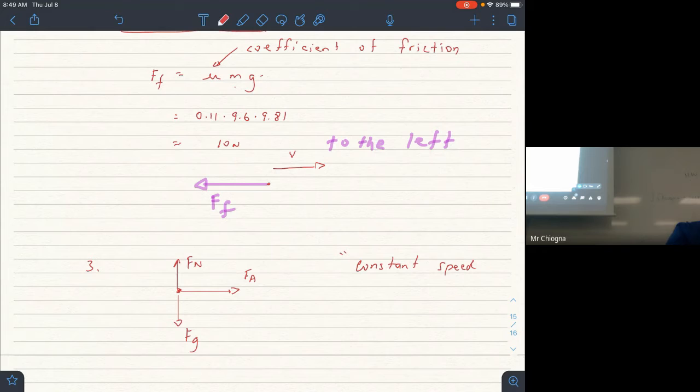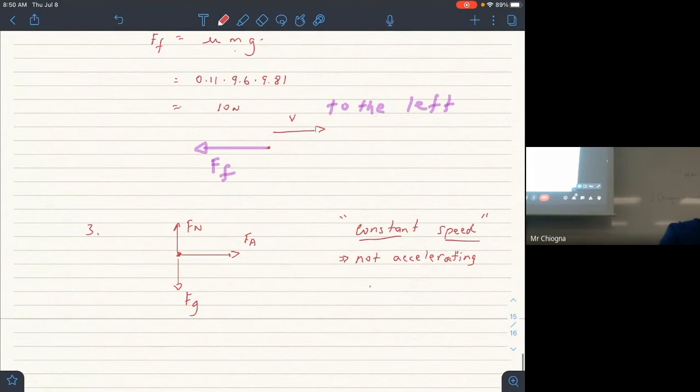You want to pay attention in a problem to phrases such as constant speed. It is not accelerating. That implies not accelerating. Okay? Acceleration is 0. F net is 0. When there's no net force, that's another way of saying forces are balanced.